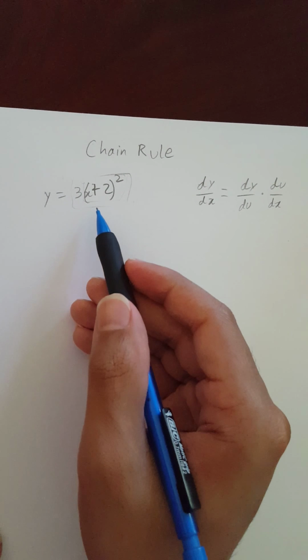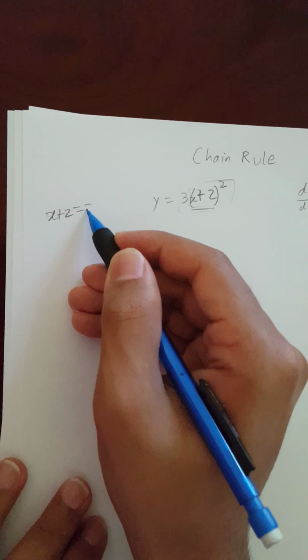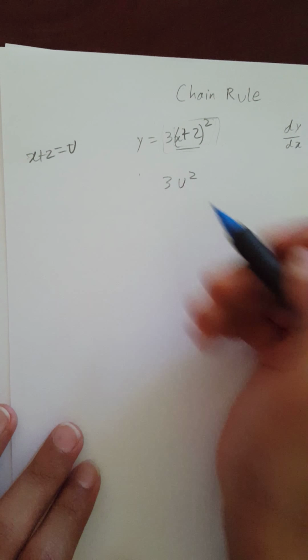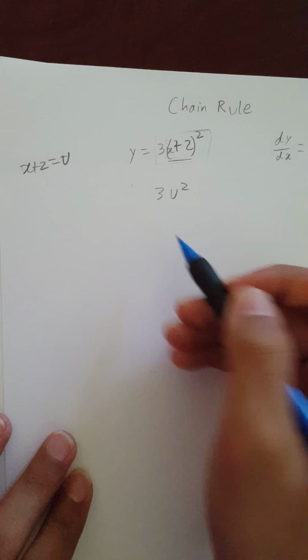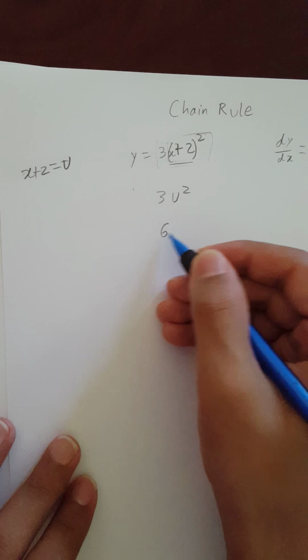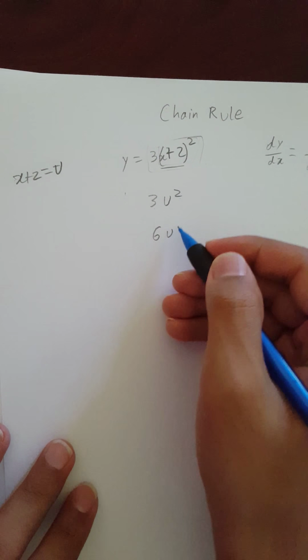So let's say x plus 2 equals u. So 3u squared. What's the derivative of 3u squared? Bring the 2 down according to the generalized power rule, 6u, and 2 minus 1 is just 1.